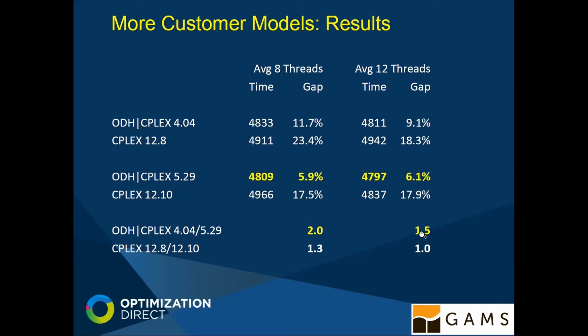In this instance, there's slightly less of a speed up going from release 4 to release 5. And in this instance, there wasn't much of an uplift from using CPLEX 12.10 compared to the previous release, 12.8, that was used.